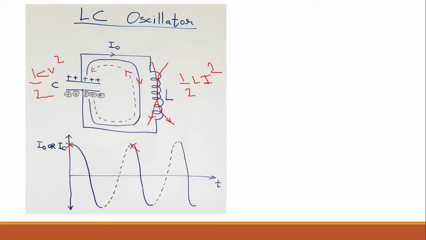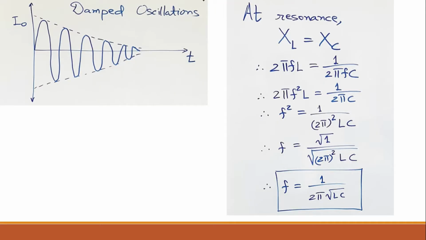Hence the waveform will not be sustained and rather will be a damped waveform, something like this, which will die out. So we obtain from this LC oscillator a damped waveform or damped oscillations like this, and this output current will damp out gradually with time.